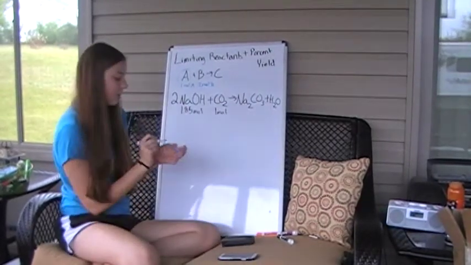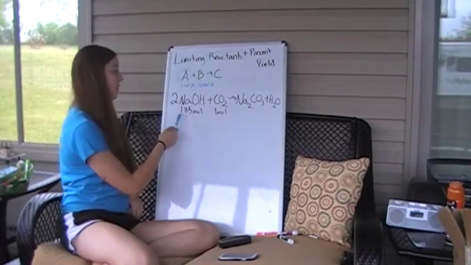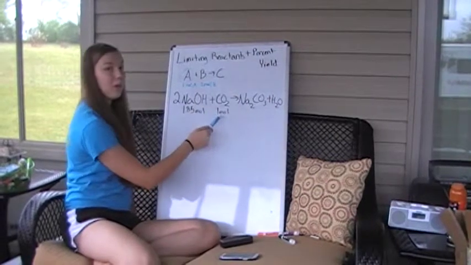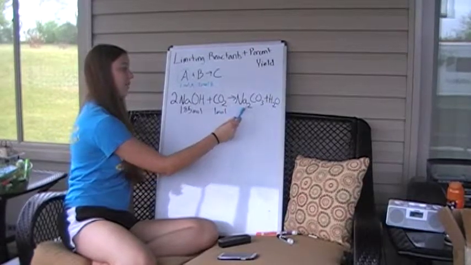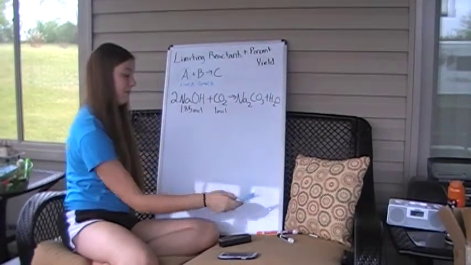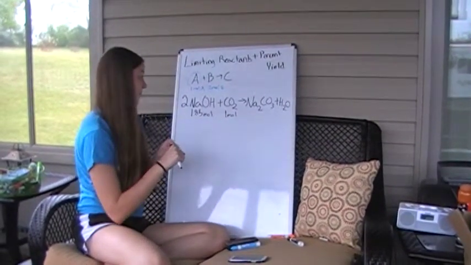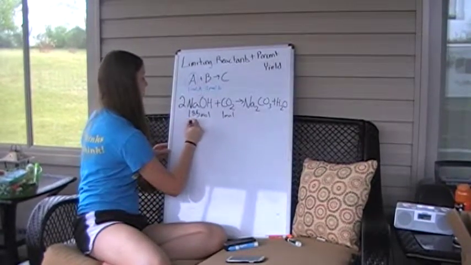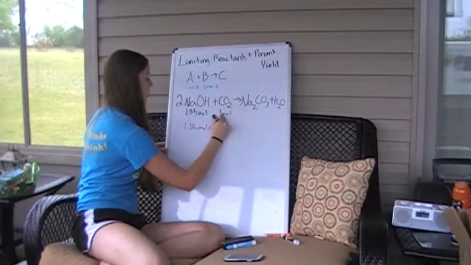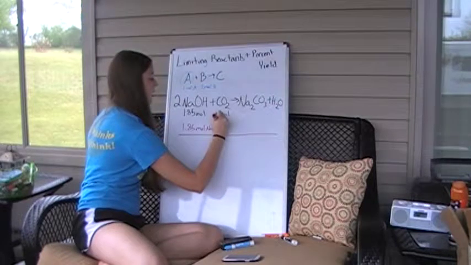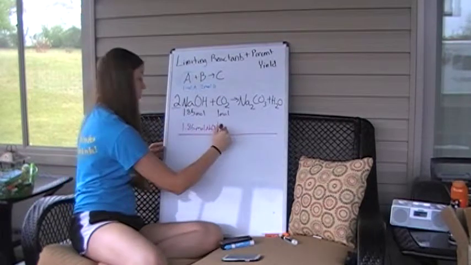But then going to a real problem, we are given 1.85 moles of NaOH and 1 mole of CO2. For this one, to find our limiting reactant, we're going to convert it to moles of Na2CO3. So to do that, we make T-charts. So we have 1.85 mole of NaOH, and that is equal to the 2 moles that were given in the equation.